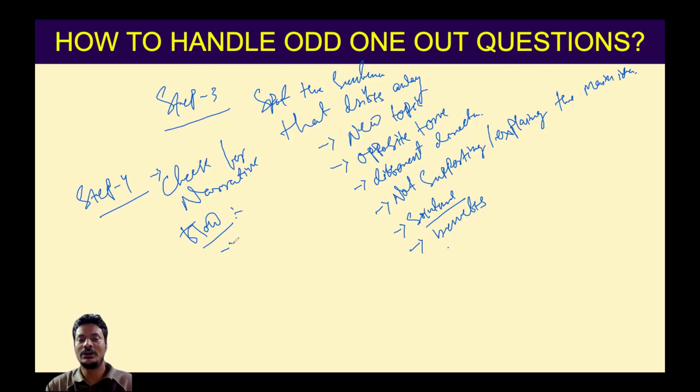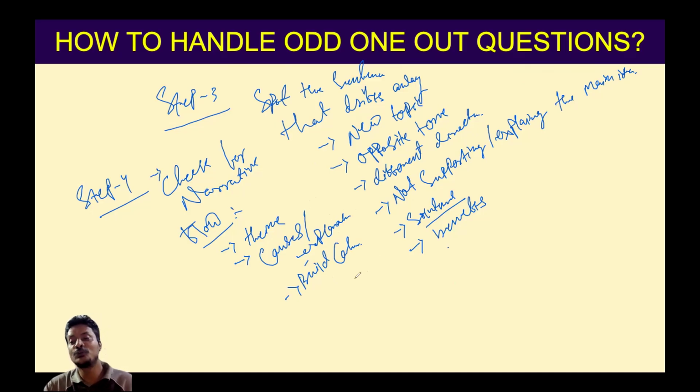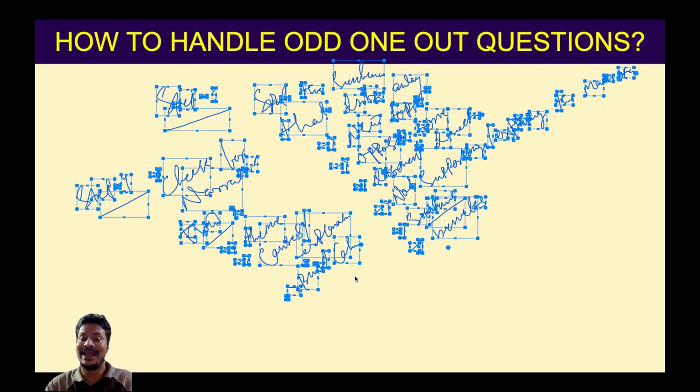Start with the theme, which is step one I pointed out, then look for the second one, causes or explanation, then build coherence. If four sentences flow smoothly but one sentence sticks out, that one is the odd one out. That is what is known as checking for narrative flow.